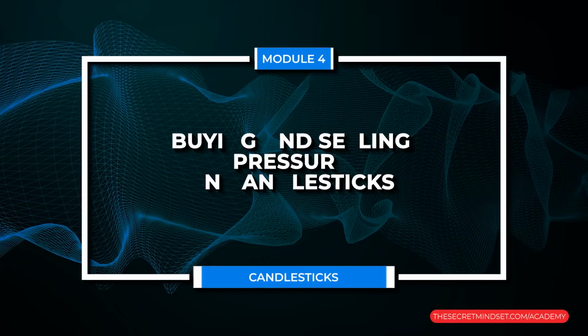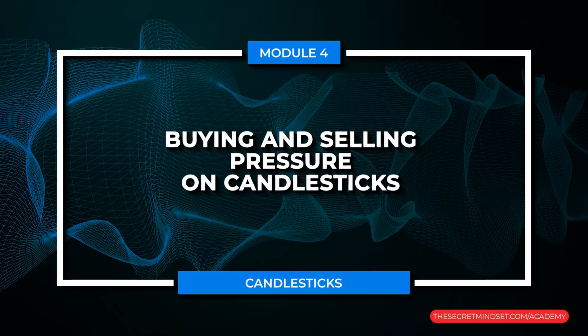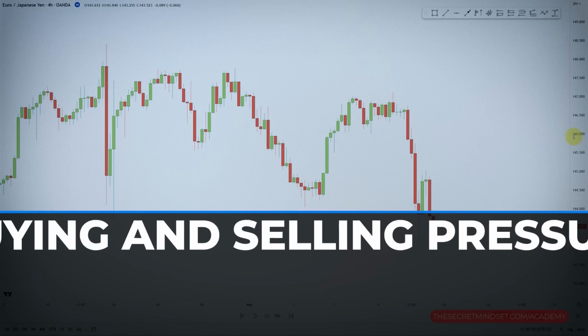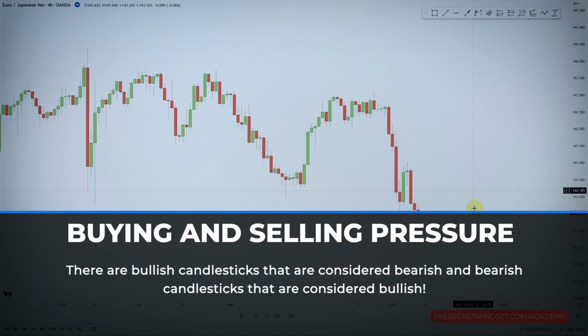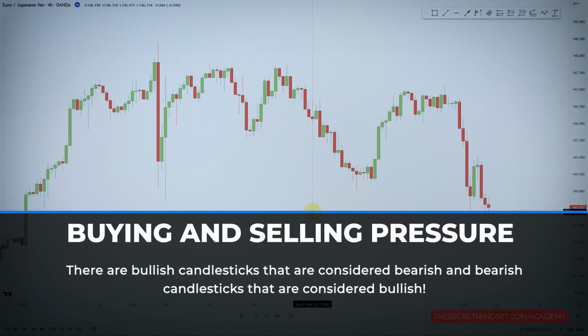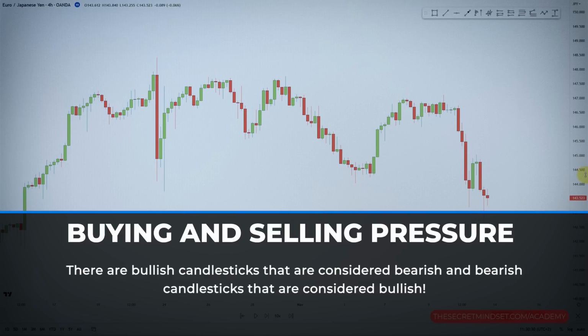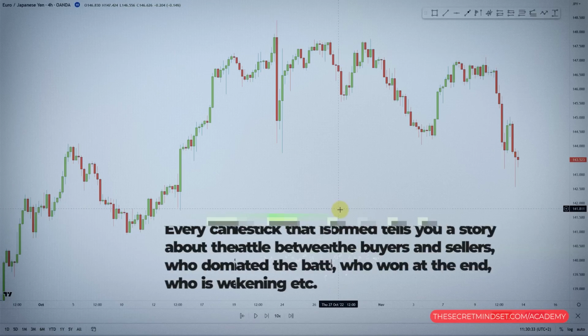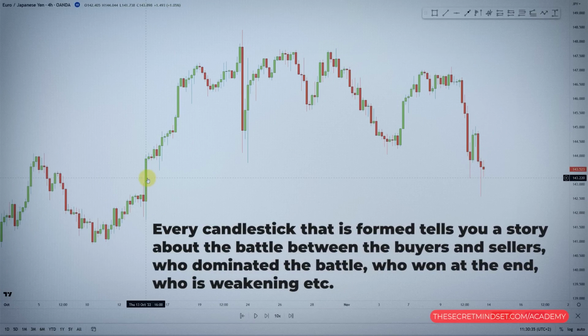Now, there are bullish candlesticks that are considered bearish, and bearish candlesticks that are considered bullish. To really understand this concept, you need to understand buying and selling pressure. You see, every candlestick that is formed tells you a story about the battle between the buyers and sellers.